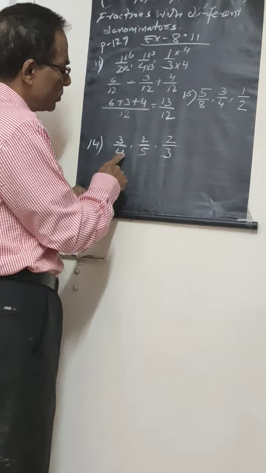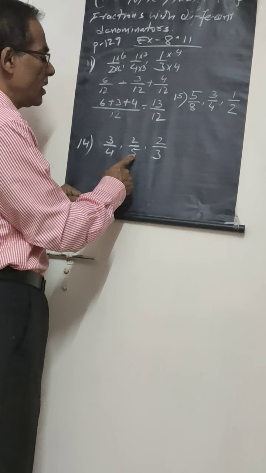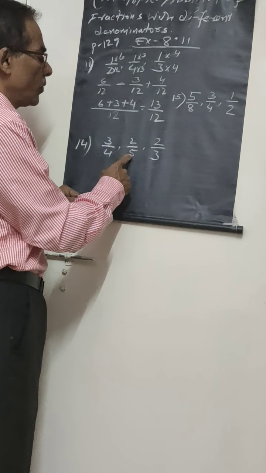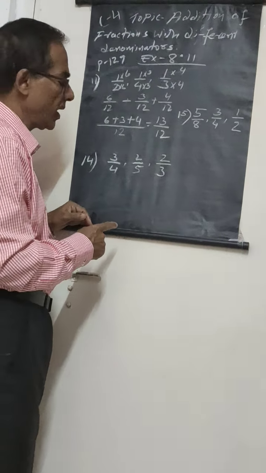Then 4 4s is 16, no. Then 4 into 5 is 20, but 3 we cannot convert as 20. 6 4s are 24, but 5 you cannot convert as 24. Multiply by 8, 4 8s are 32, 5 8s are 40. This one you will not get.